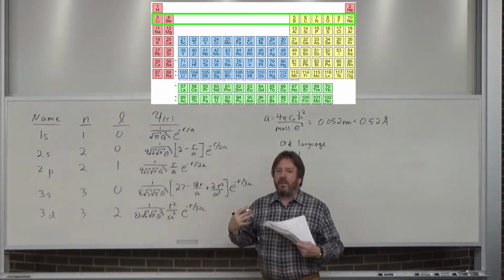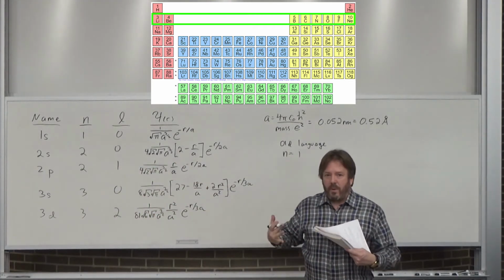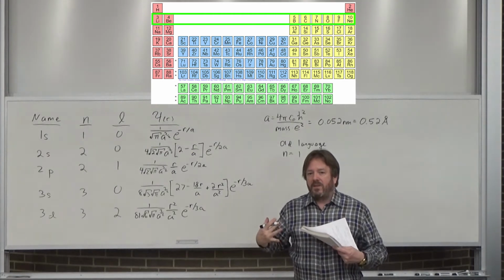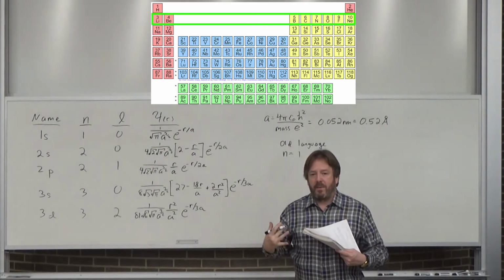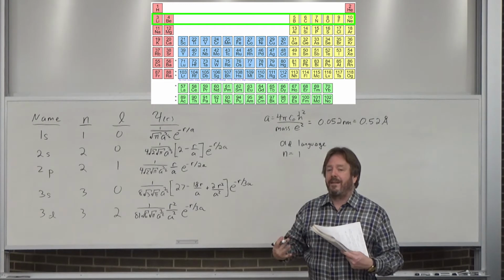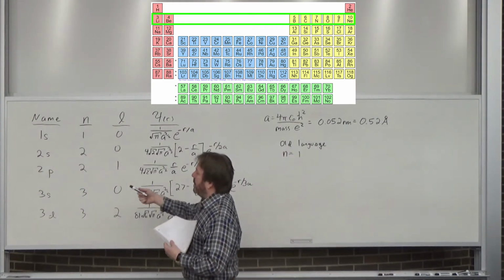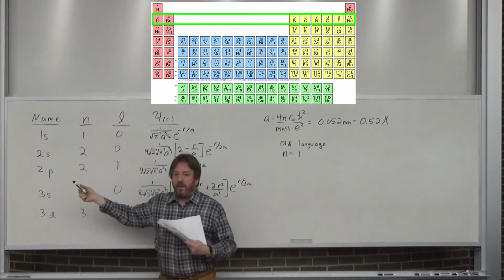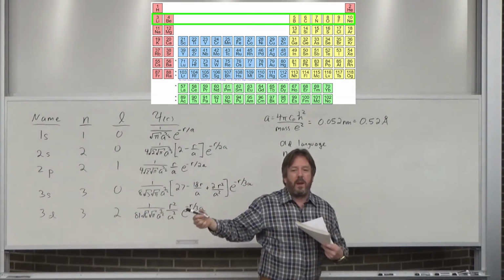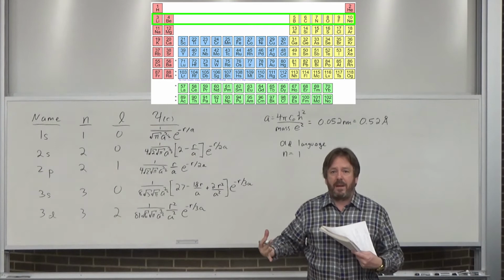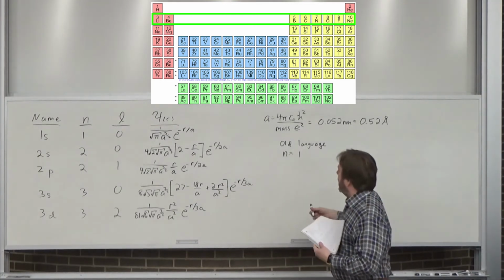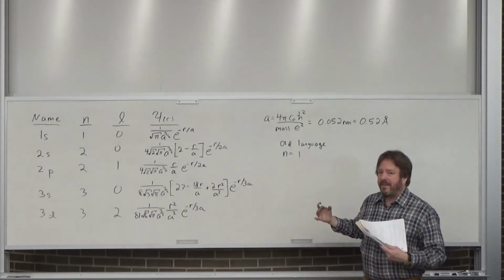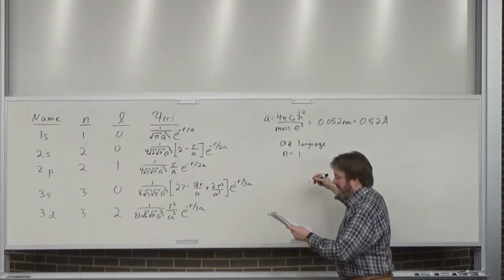It tells us about hydrogen because that's what it was designed to do, but it also tells us a lot about how the periodic table is structured. And again, the reason is because as you look at other types of atoms and you add electrons, you fill up orbitals. And we know that filled orbitals don't really participate in bonding. So that's why n ends up being kind of hideously important. Okay, old language, n of 1.